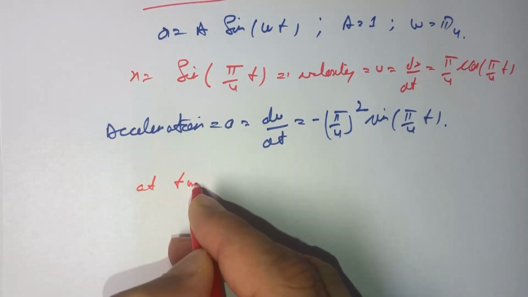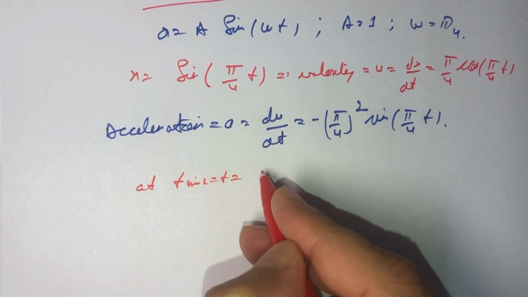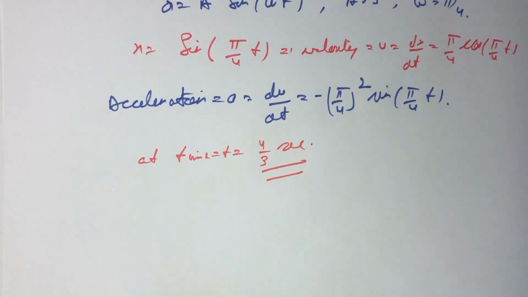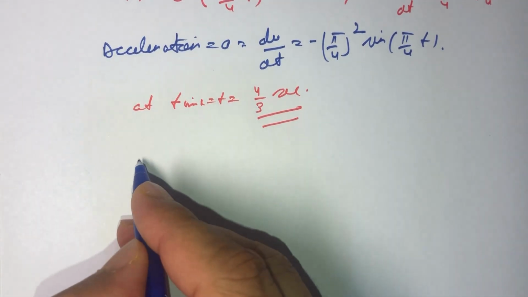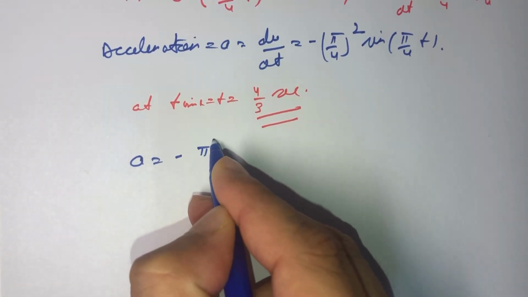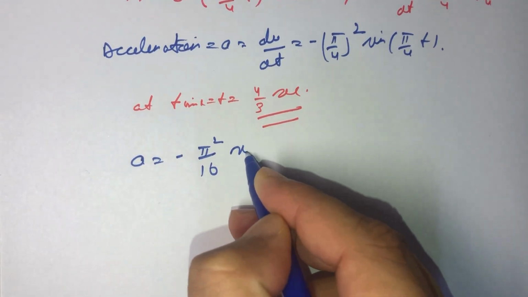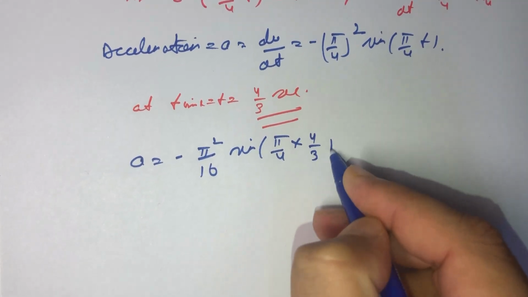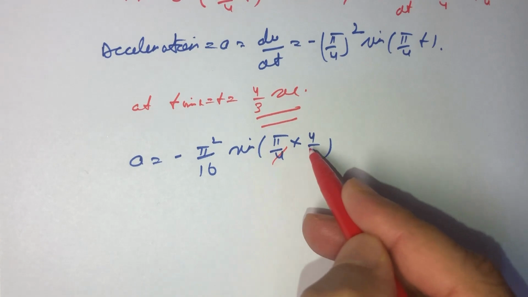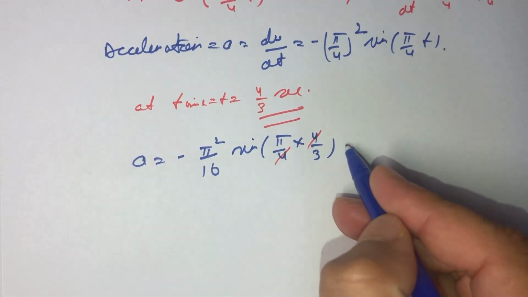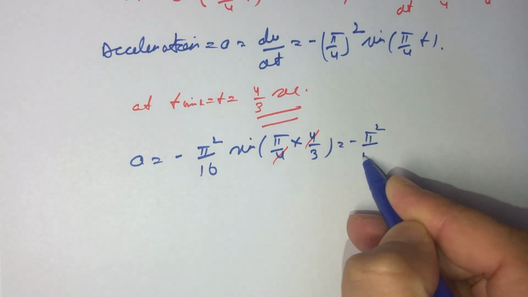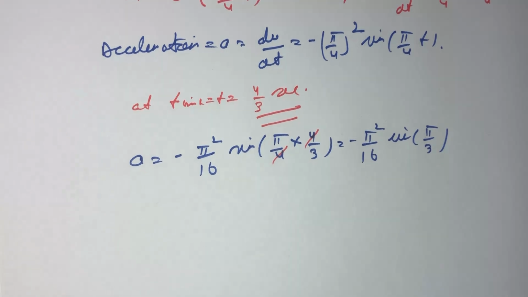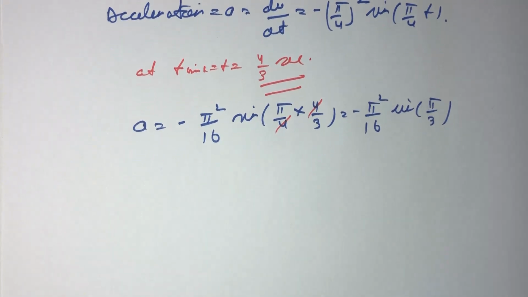At t equal to 4 by 3 seconds, we get acceleration is equal to minus pi square upon 16 sine of pi by 4 multiplied by 4 by 3, and 4 and 4 cancel out, so this becomes minus pi square upon 16 sine of pi by 3, and sine of pi by 3 is root 3 by 2.